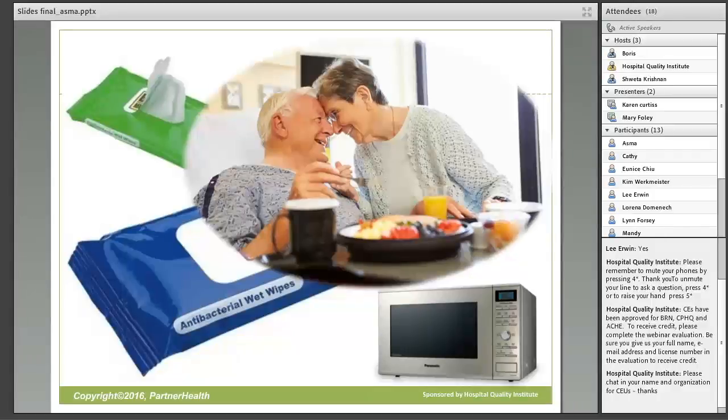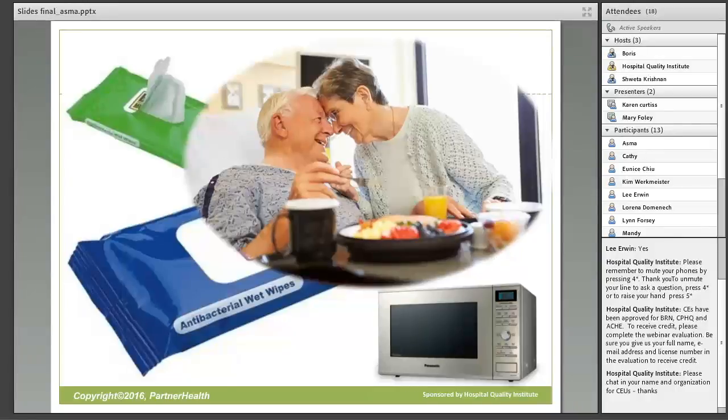So I did a little bit of research and found that Cardinal and Sage both package antibacterial wet wipes in plain packaging that you could have printed and put instructions on.